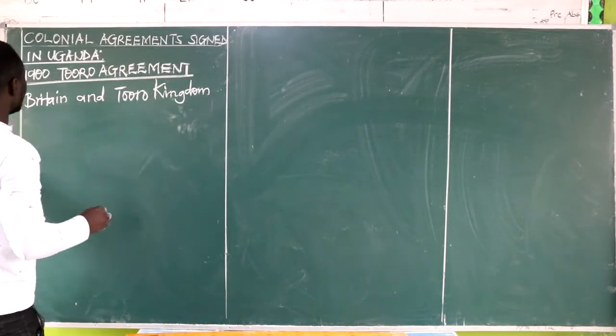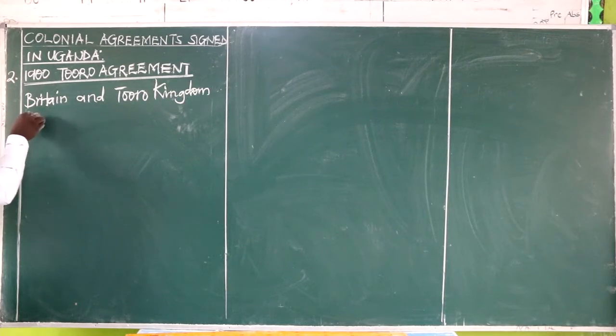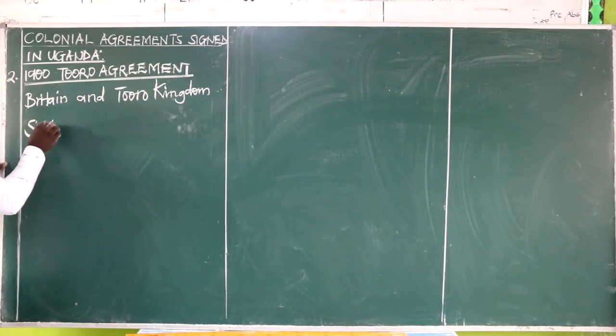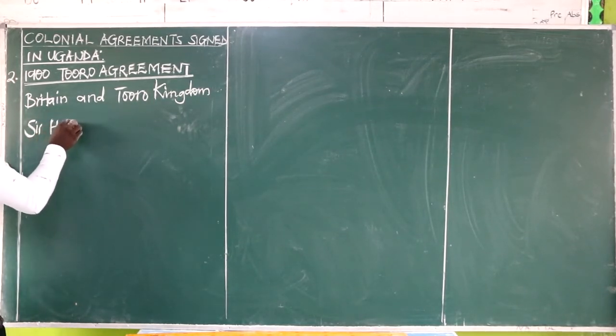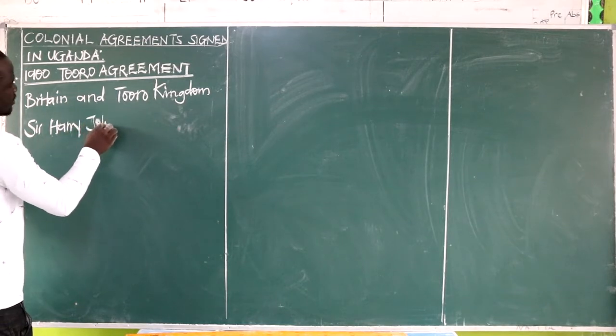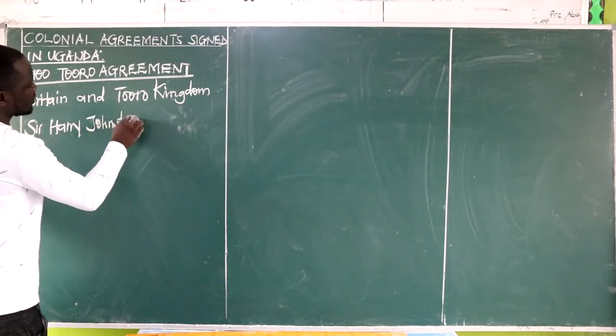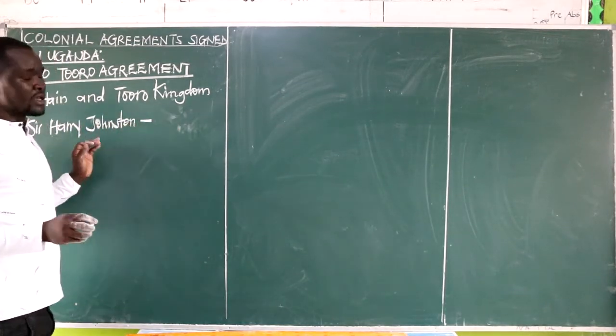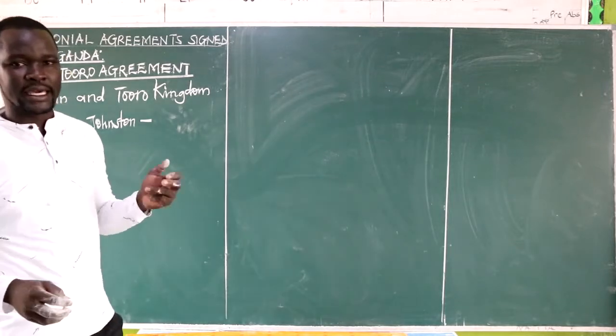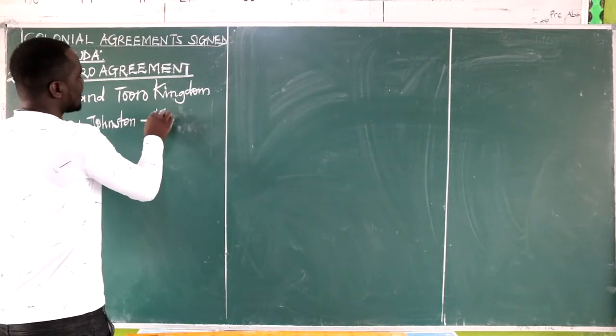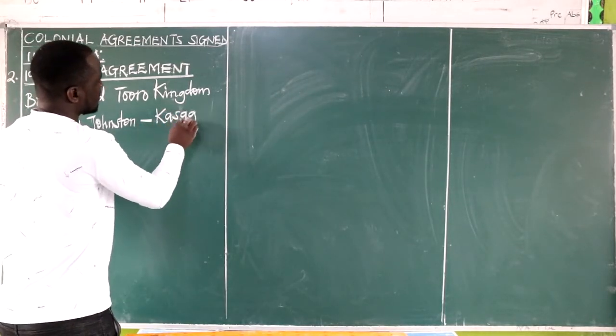Now Britain was represented by Sir Harry Johnson, still Sir Harry Johnson. And Toro was now represented by their king, that was Omukama Kasagama.